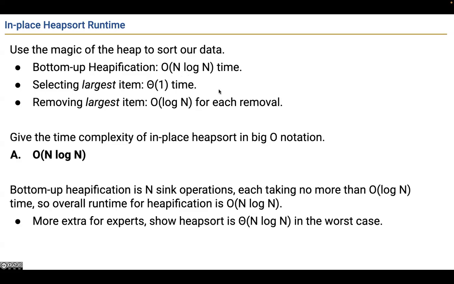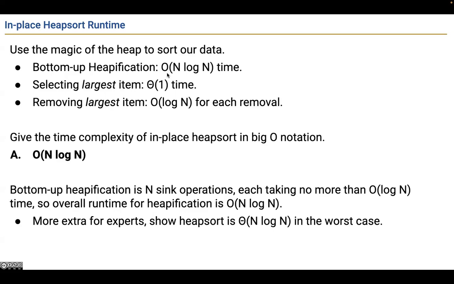It's not something that I expect you to see right away, but it turns out if you do the analysis, it's theta of n. Does that mean that our analysis was totally busted? Not really, because here I said bottom-up heapification is big O of n log n. What I was really saying was that bottom-up heapification, the thing where I sync all the elements, is n log n or better.